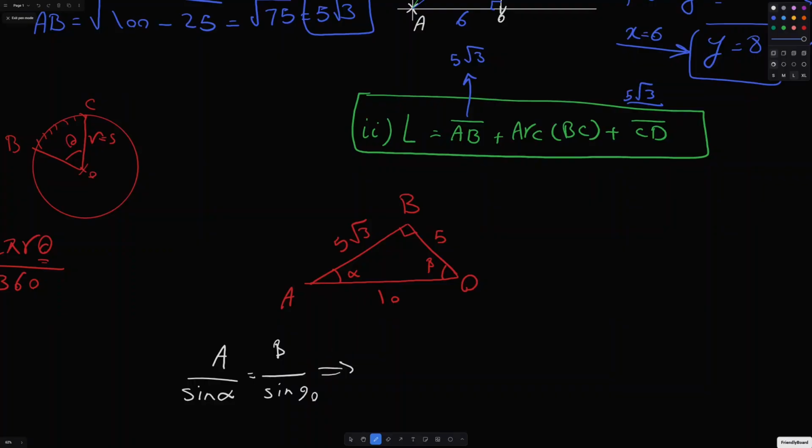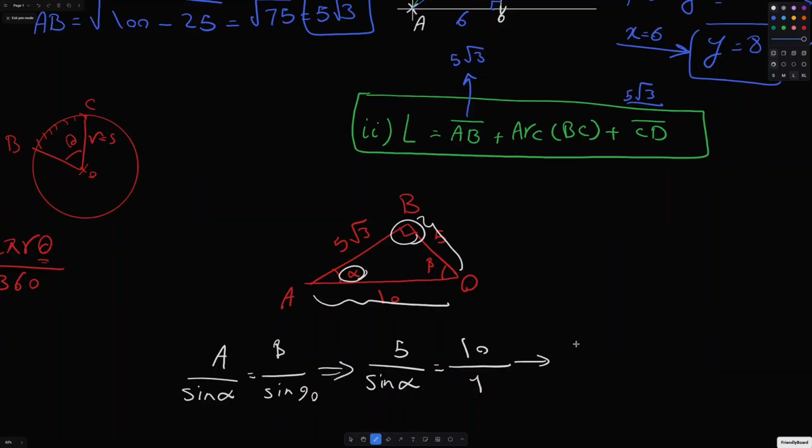The reason is this: this length here is for this angle, and this length here, which is 10, is for this angle that we know. So it's going to be 5 over sine alpha equals 10 over sine 90, which is 1. So from here sine alpha equals 1 over 2, and from here it's just the arc sine. We can simply say alpha equals 30 degrees. That's it. We found it.